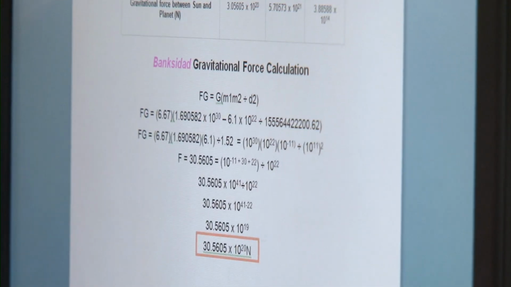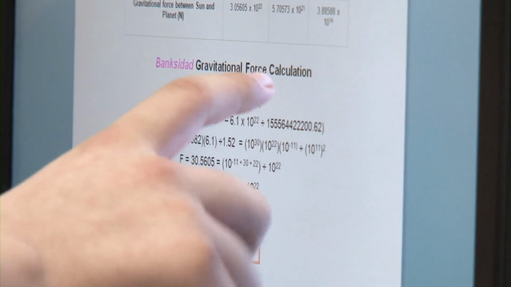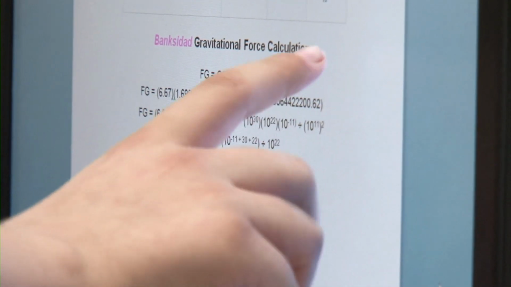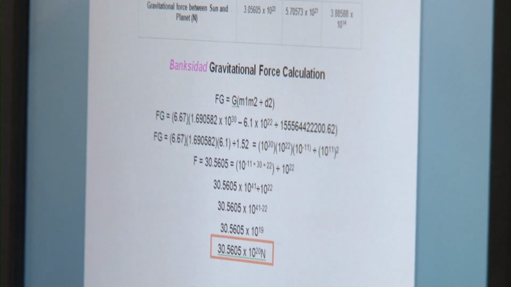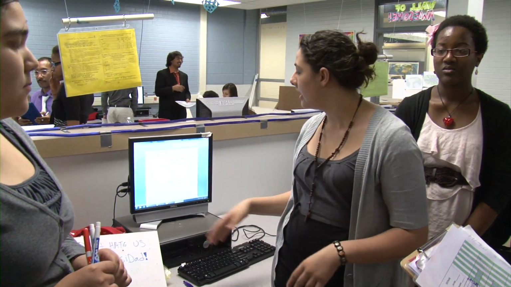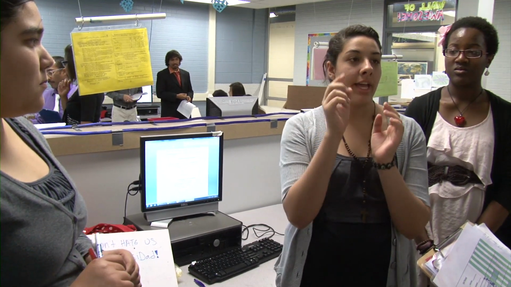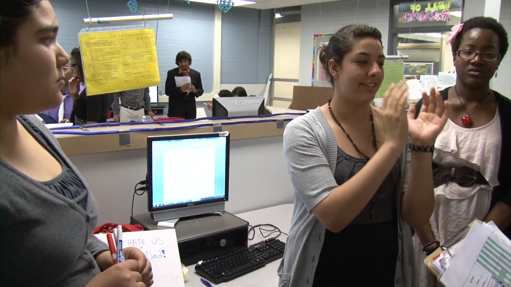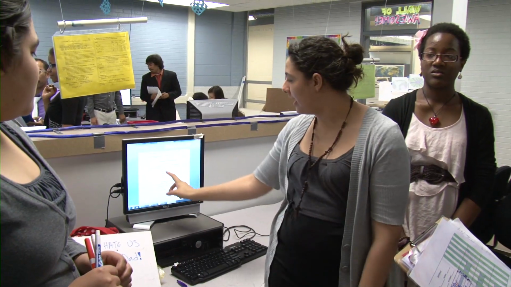Okay, so this is the formula for gravitational force. We plugged in our masses and then our distance divided by our distance squared. We grouped like terms, so we put the exponents on one side and the actual numbers on the other to make it easier.